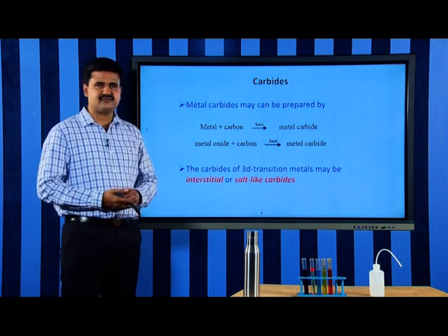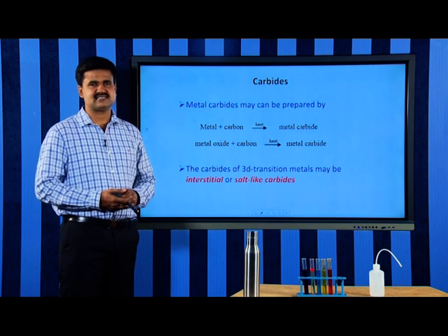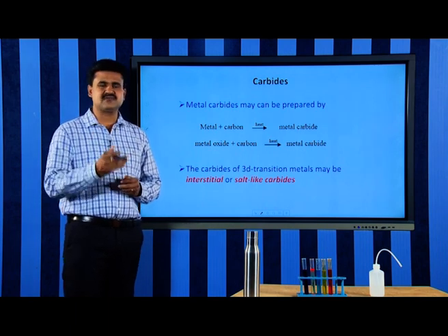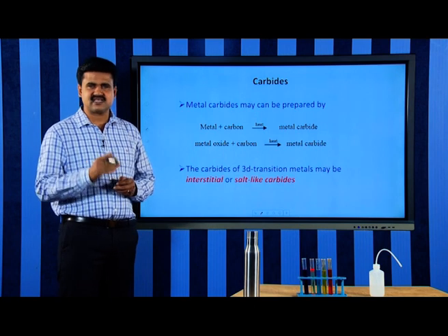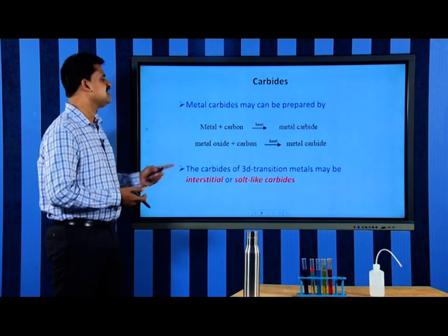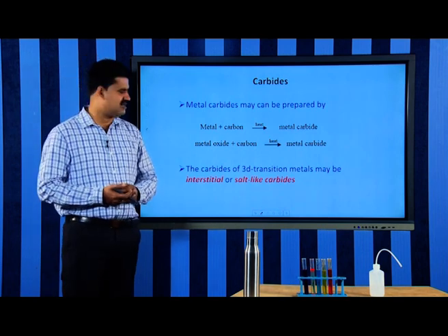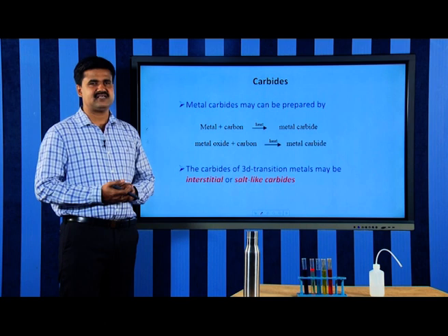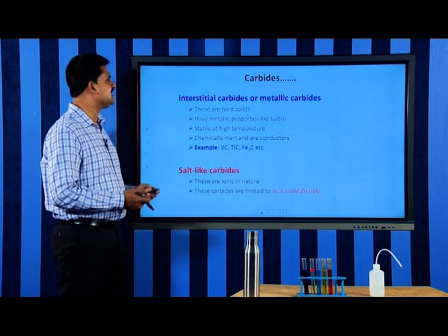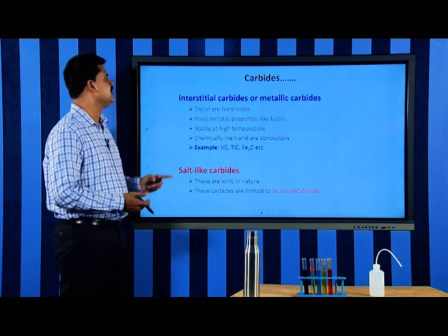The carbides of the 3D transition series can be classified into two types based on the force of attraction present in the carbide between the transition metal and the carbon. These two types of carbides are interstitial carbides and salt-like carbides. Let us go through the details of such carbides.